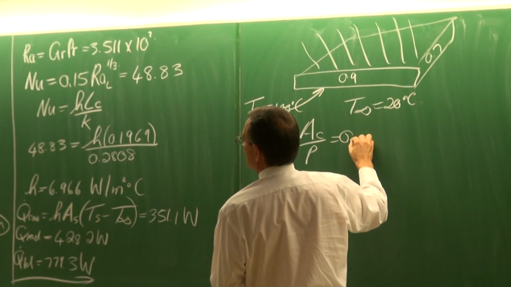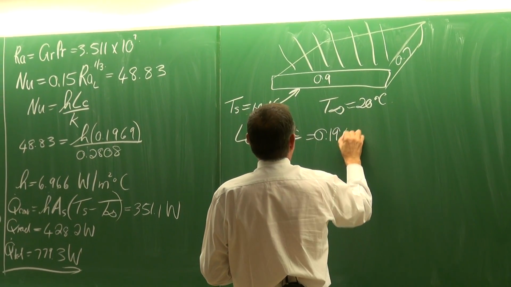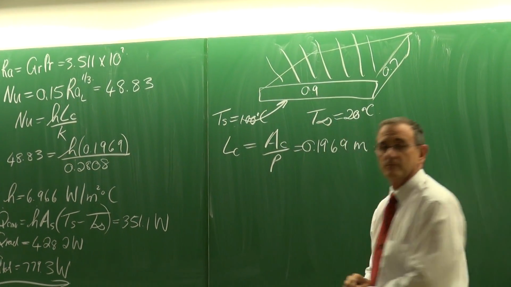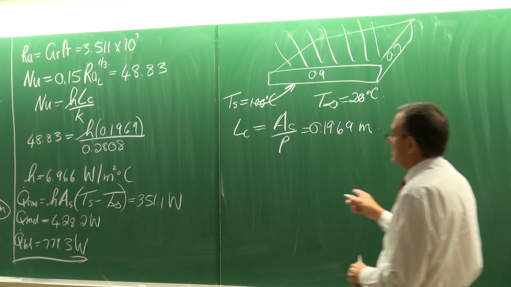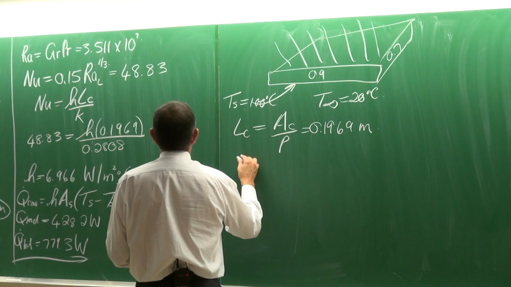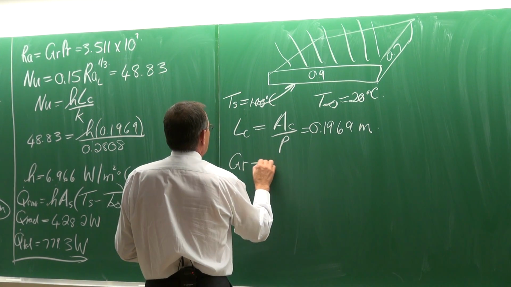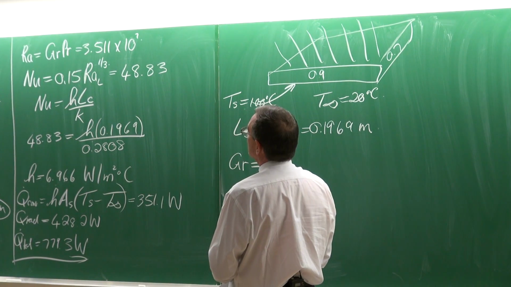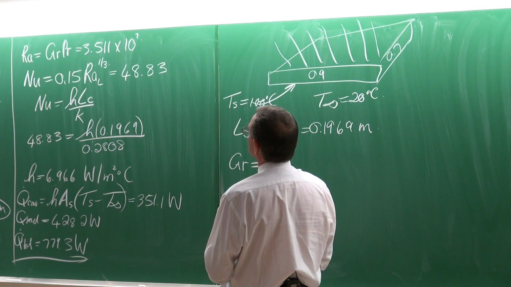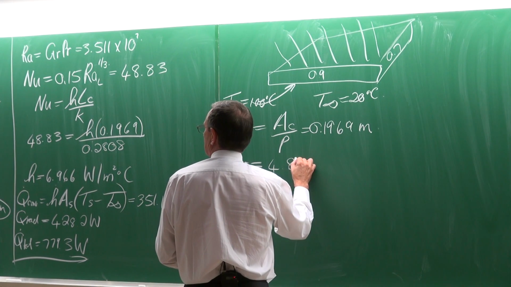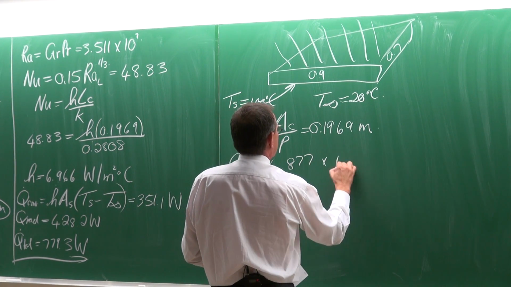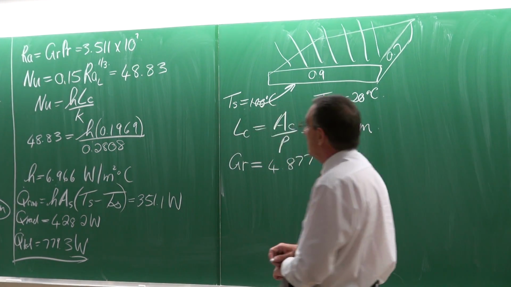It is going to stay as 0.1969 meters. You see? The Rayleigh number, or the Grashof number, is also going to stay the same, 4.877 multiplied by 10 to the 7, because nothing changes there.